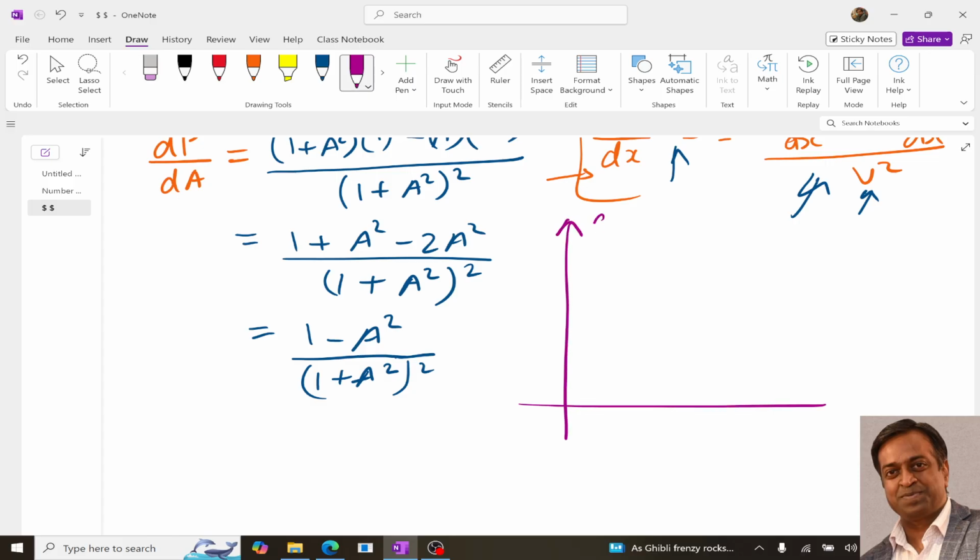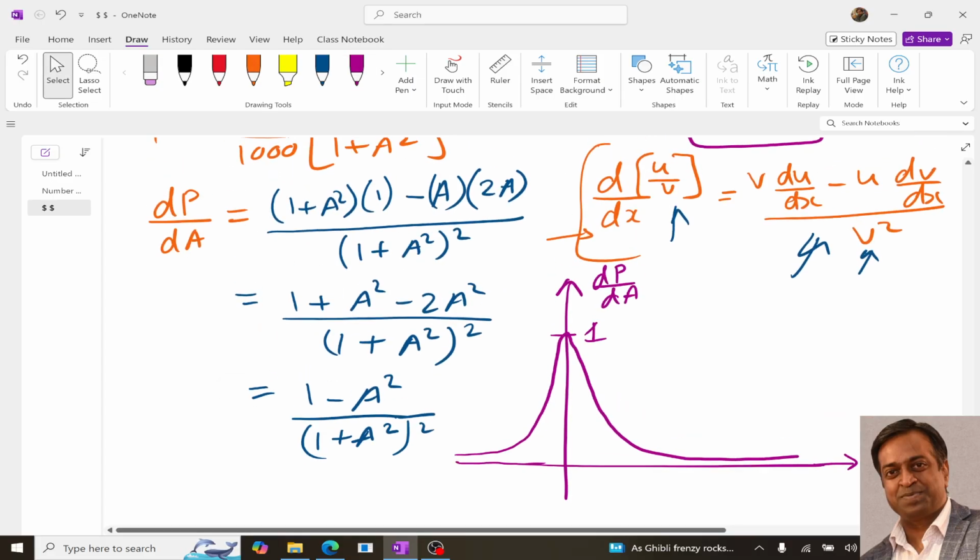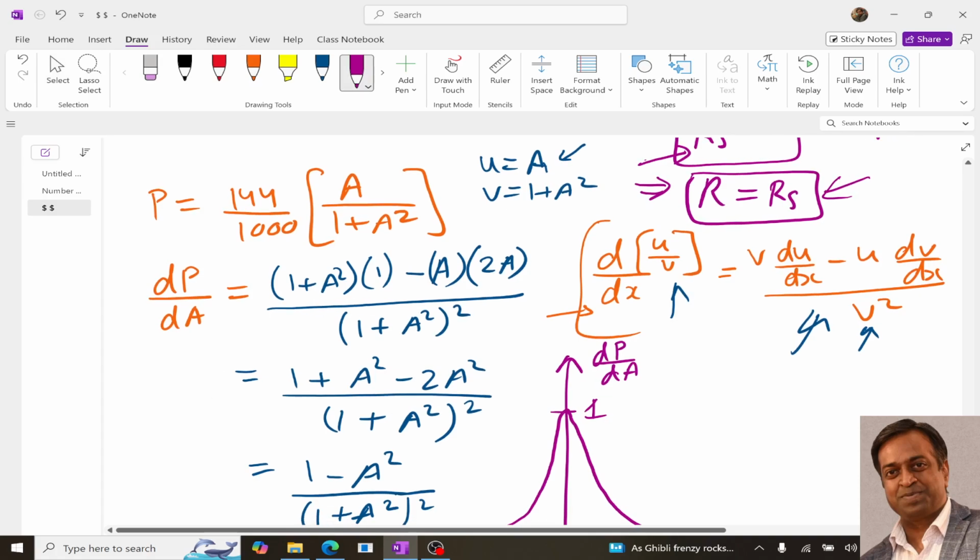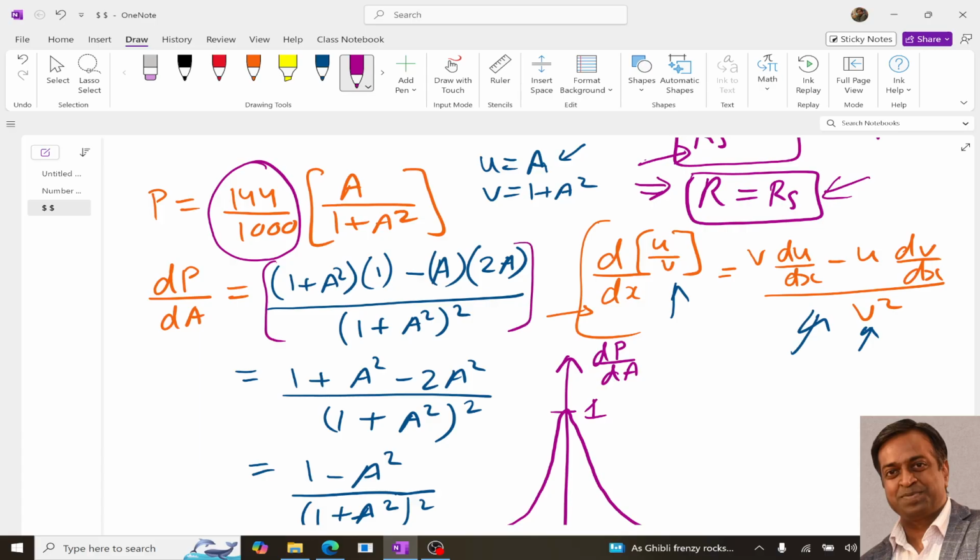between dp by dA and A. Our graph will be something like this, right? And this is 1. But over here we have missed one thing, that we have this expression also, so this expression will also come along with this.